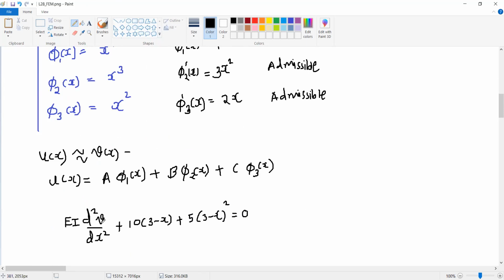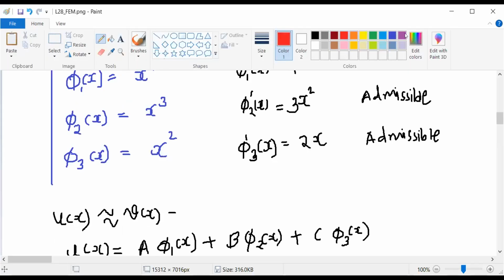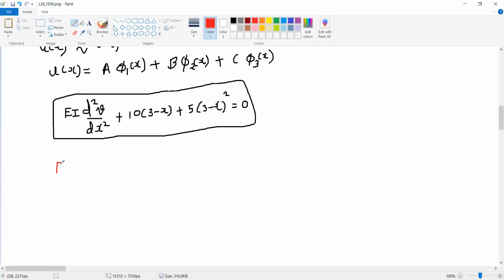If we substitute the exact solution, this governing differential equation is going to be satisfied. But the moment I replace v by its approximation u, then EI d square u by dx square plus 10 into (3 minus x) plus 5 into (3 minus x) the whole square no longer remains 0 because u is the approximate solution.